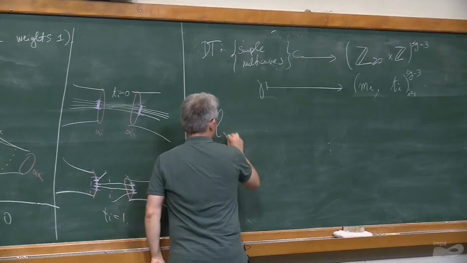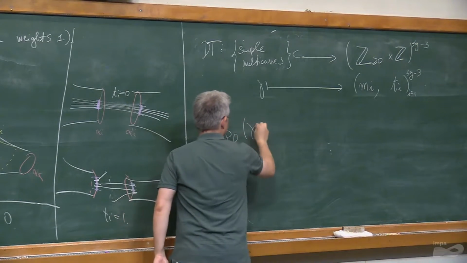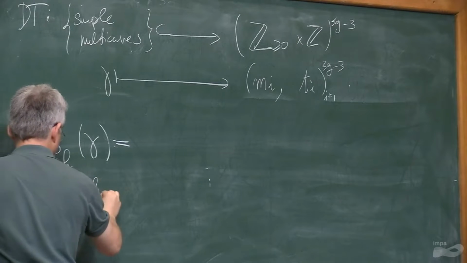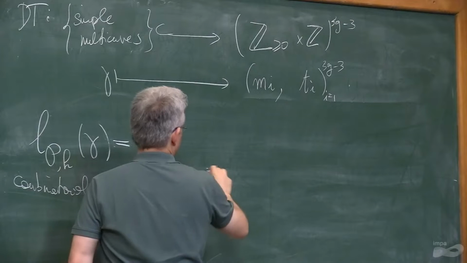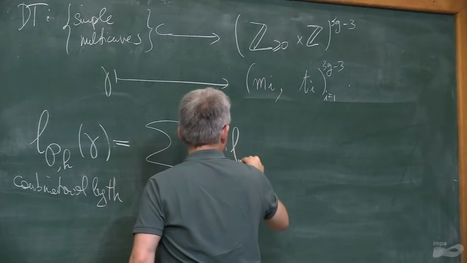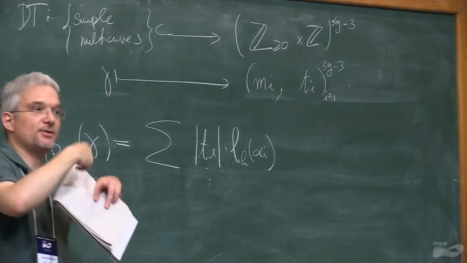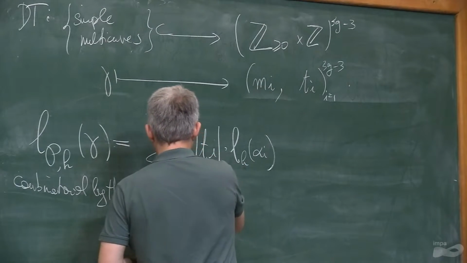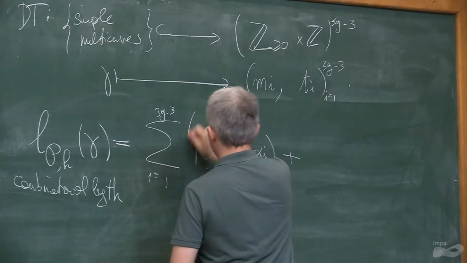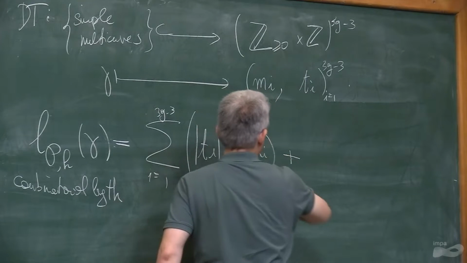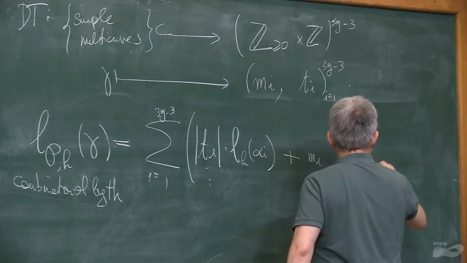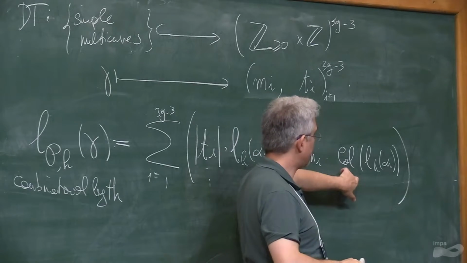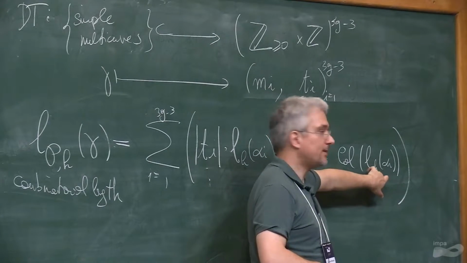So given the pair of pants and h, you can define a combinatorial length, which is basically the absolute values of the twists times L alpha i, because every time you twist, you get more or less longer by this quantity, plus another quantity that depends on this mi, and this collar is the width of a hyperbolic collar with core of length L of alpha i.